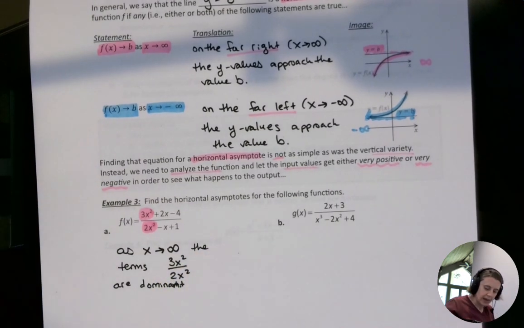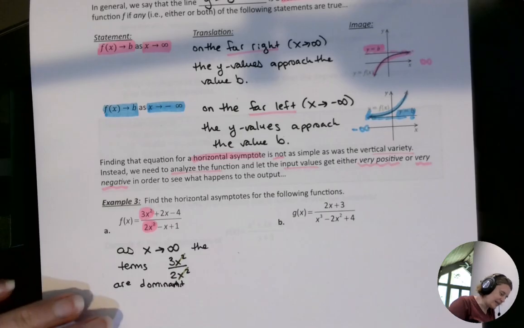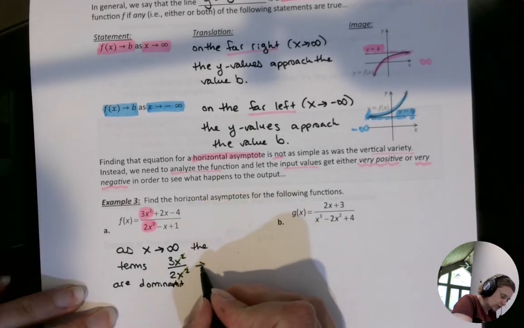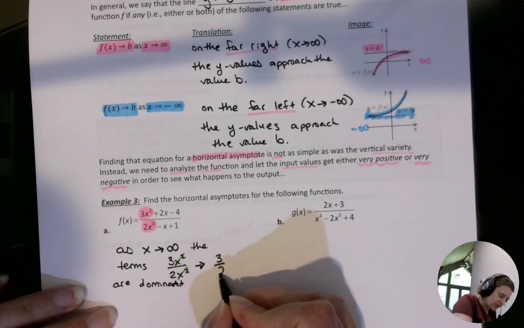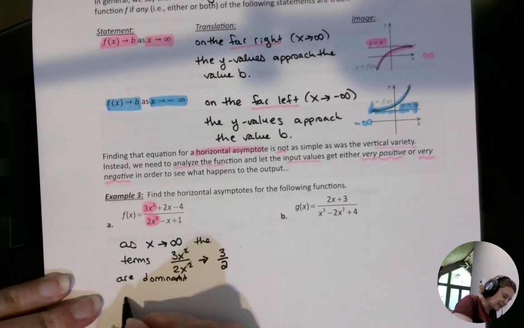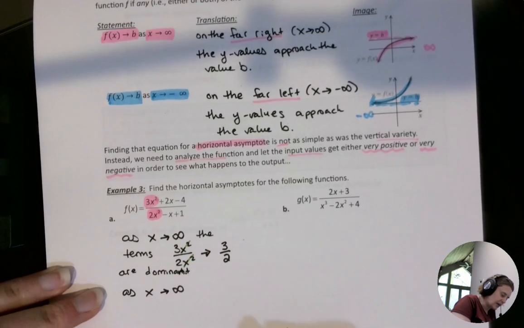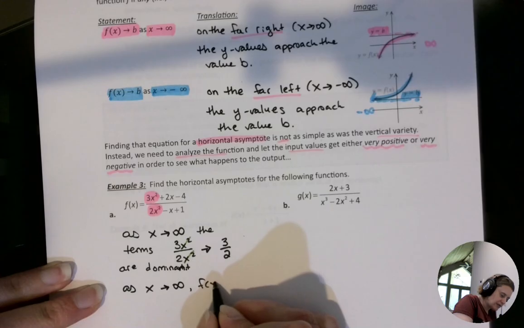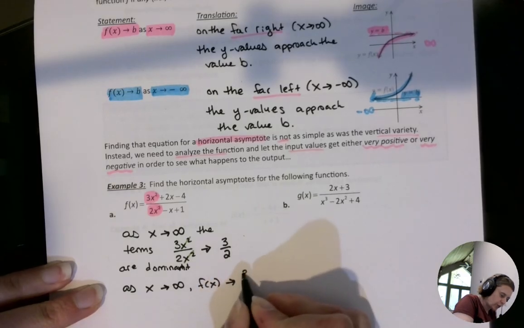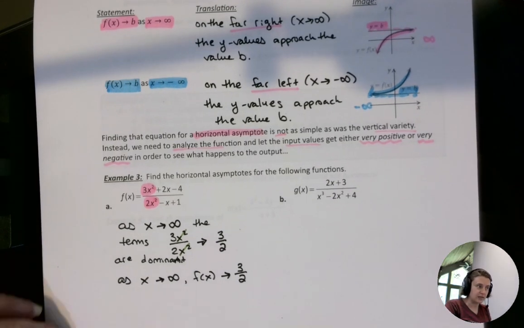Here we go. And what happens there is if I look at just those two terms and I reduce the x's out, I can see that the y value here is going to approach the fraction 3/2. So as x approaches infinity, that function's output is going to approach 3/2. So 3/2 is going to be the location of the horizontal asymptote here.